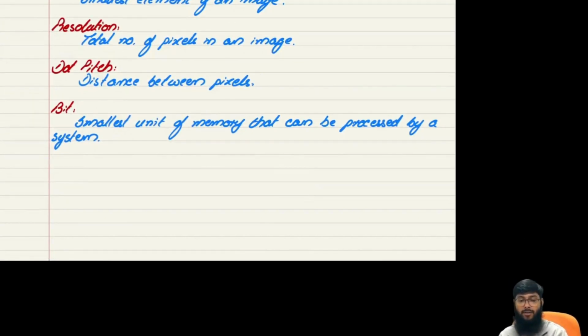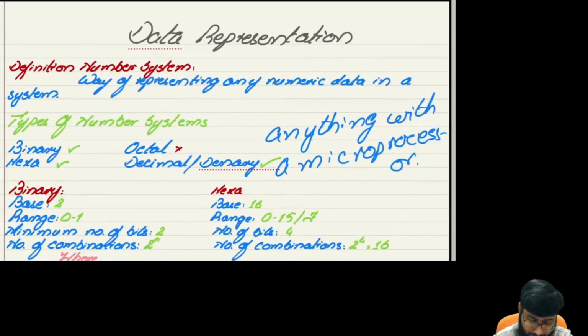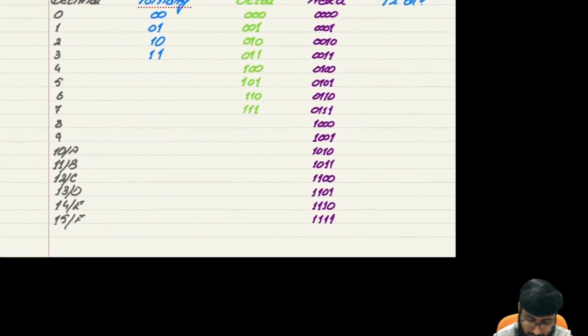In chemistry or physics, we say the smallest particle of any element or any matter is the atom. Similarly, in computer systems, the smallest unit of memory that can be processed by your microprocessor is known as the bit. So the smallest unit of memory that can be processed by a system is known as the bit.